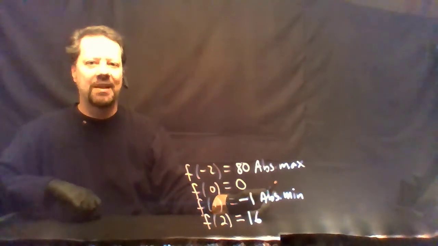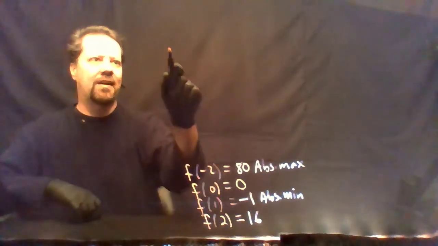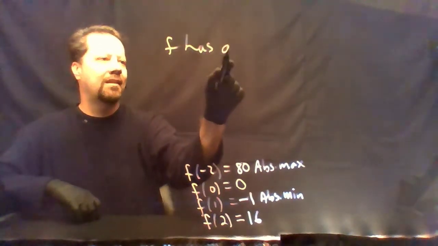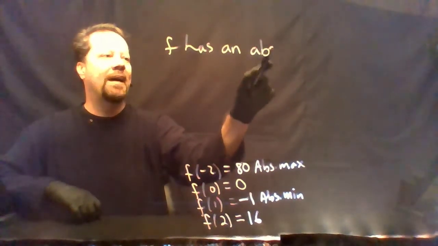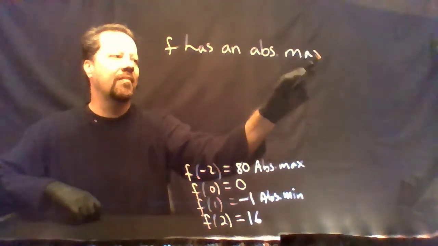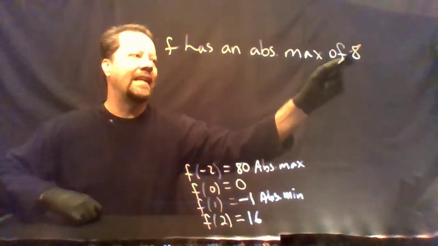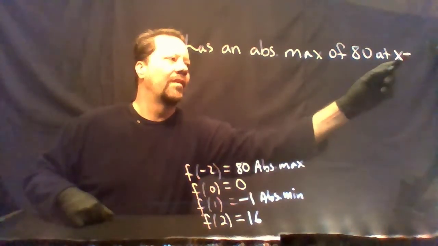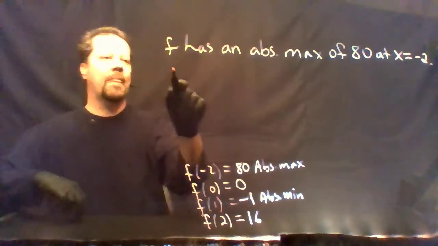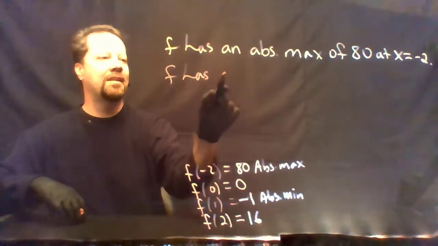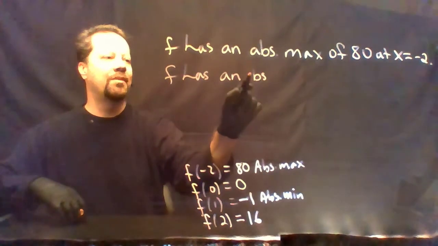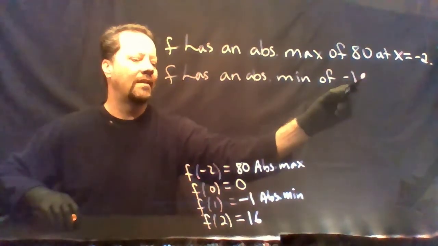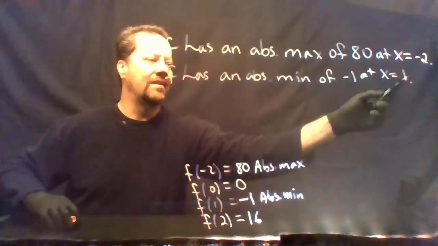The right way to express these answers may be as follows. f has an absolute max of 80 at x equals -2. f has an absolute min of -1 at x equals 1.